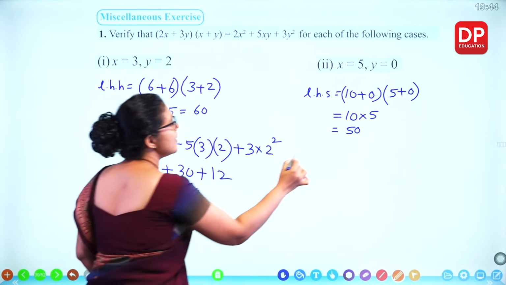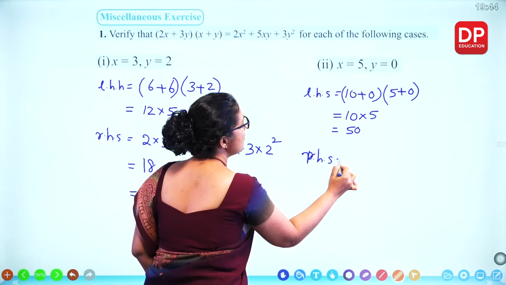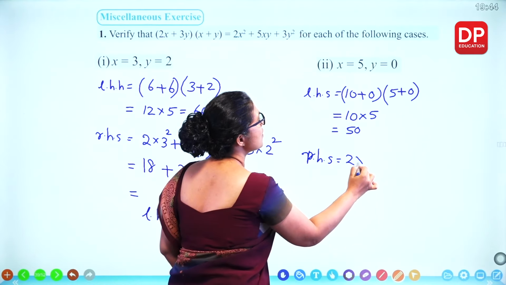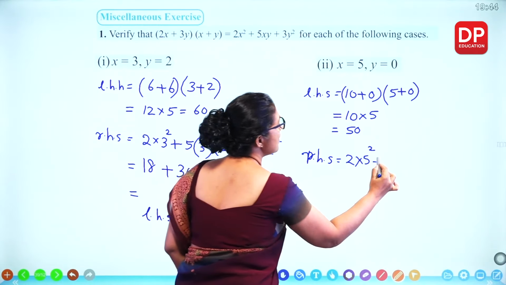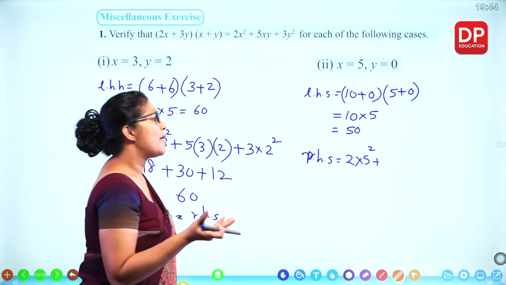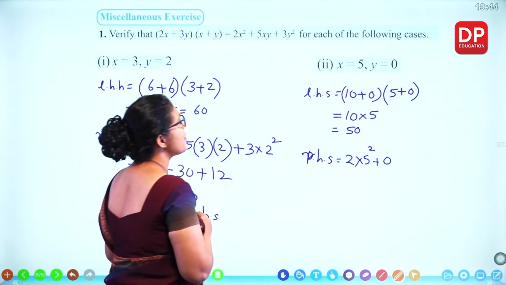Now look at the right hand side. What's the expression? 2x squared. 2 times x squared. X squared is 5 squared. Plus 5 times 0 times a number. When you multiply any number by 0, you get 0.